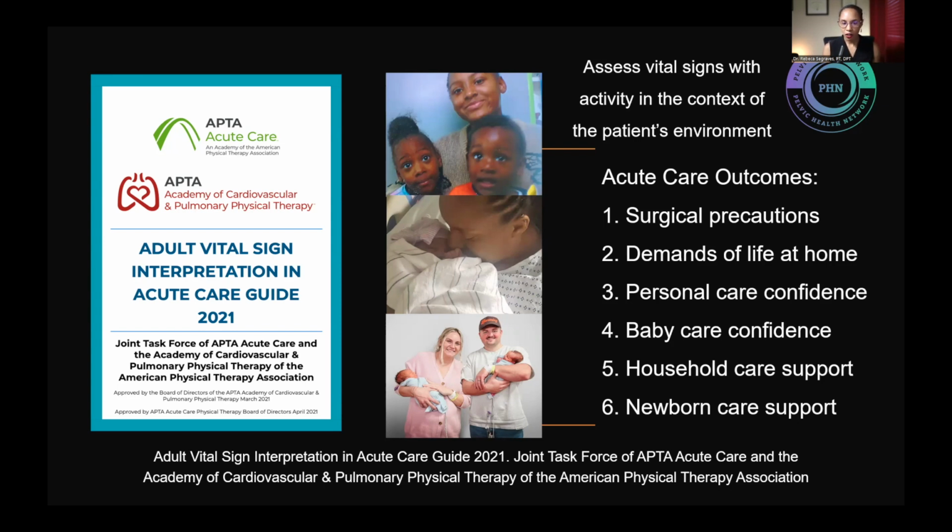All three of these individuals in the middle were tremendously different from each other with the amount of support that they had, their age, the number of children they had before, their delivery types, and the context of the activity they were doing immediately after delivery.